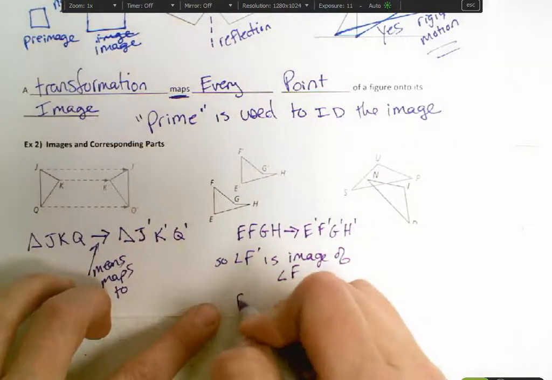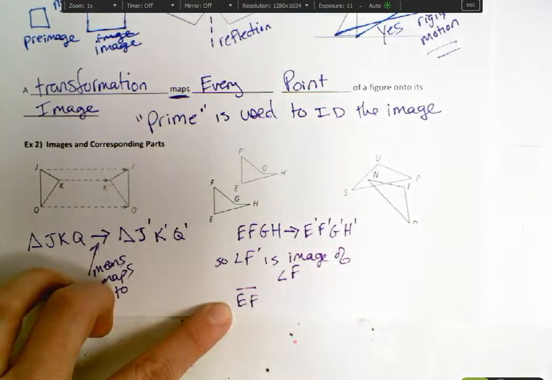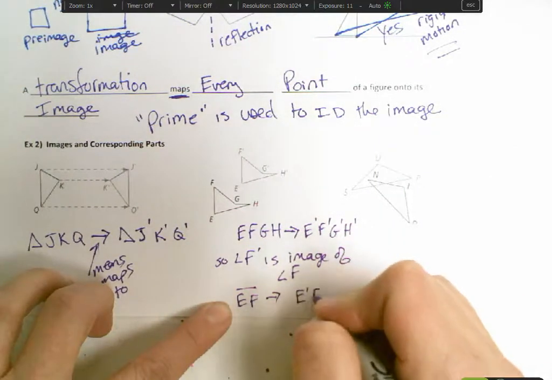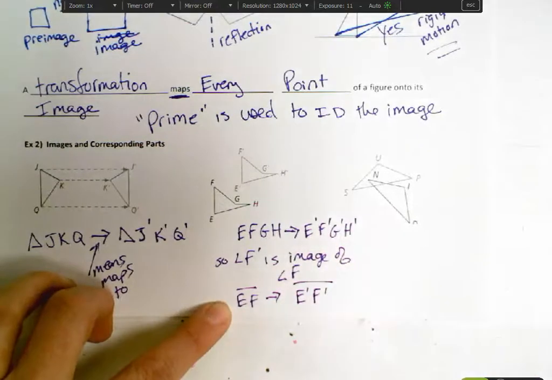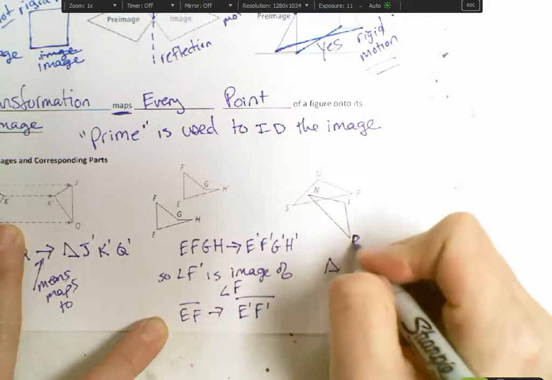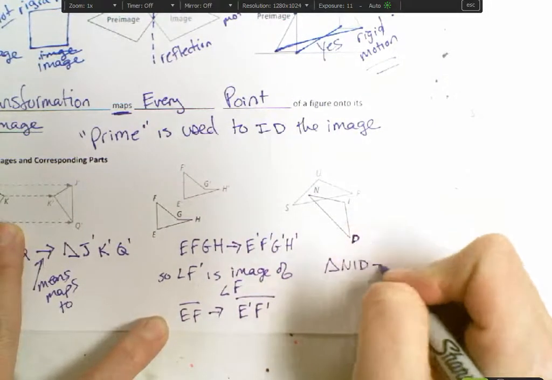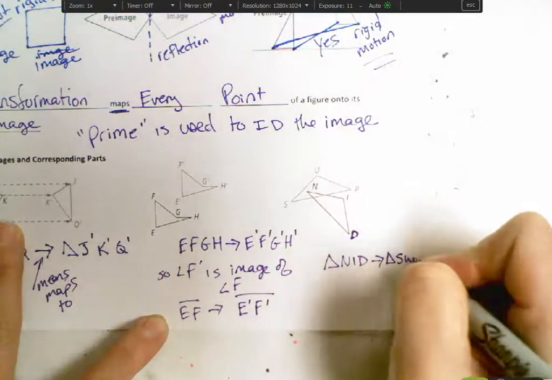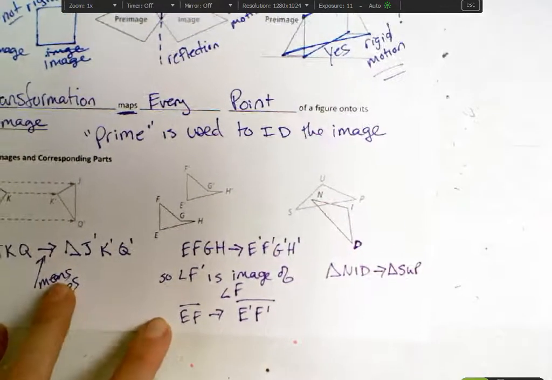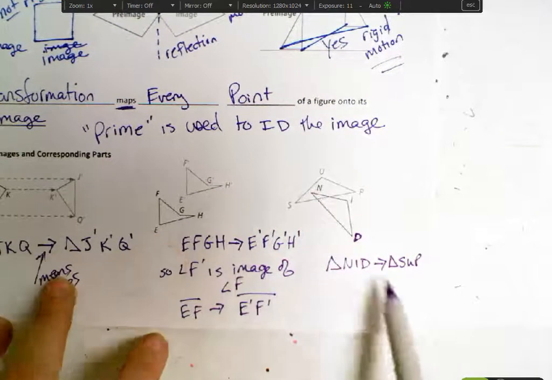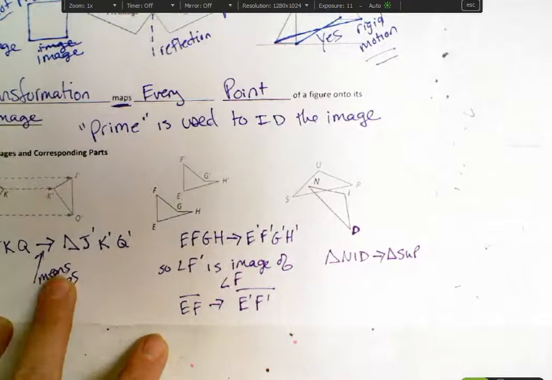You could say that if I'm looking at just segment EF, it maps to its image, segment E prime F prime. Triangle, well, that should be a D. Triangle NID maps to triangle SUP. So prime is not always used, but we tend to use prime so that we realize that it is mapping from one specific figure to the other.